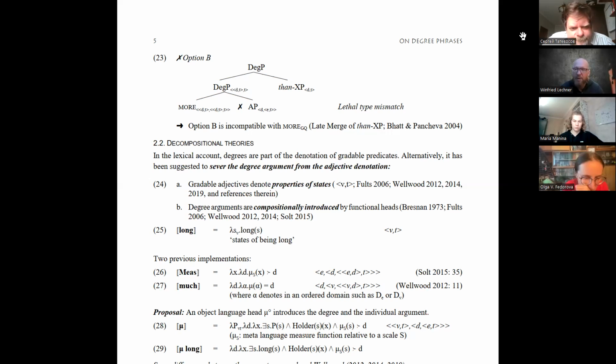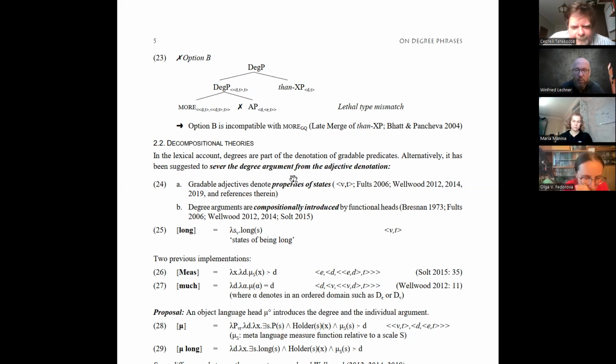What I will be doing now is expand the picture a little bit and change the basic assumptions of the lexical account. Recall, we said in the beginning, it's possible to think of the degree argument that is part of degree constructions to be not part of the lexical specification of the adjective, but to be introduced by a functional head.